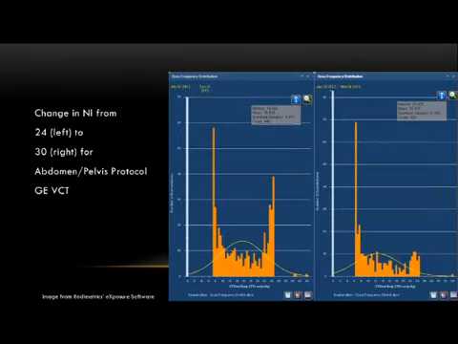We also did the same thing on the GE. This is when we found out that we were going too low with the minimum tube current. And again, here we changed the noise index from 24 at the image acquisition thickness of 1.25 millimeters. We went from 24 to 30 and brought the minimum tube current down.